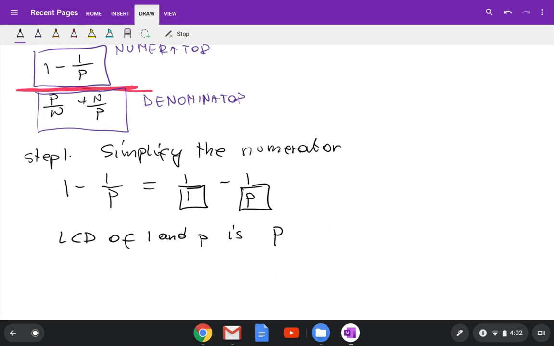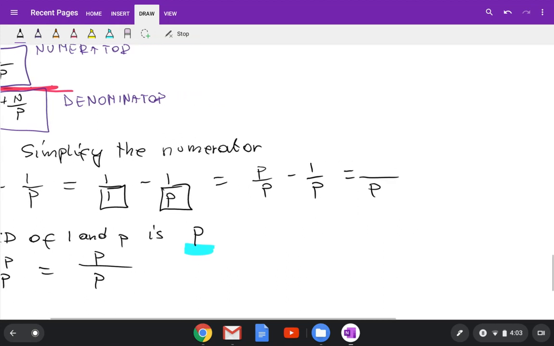Okay, so that will be our common denominator. So the second fraction already has that p in the bottom. So 1 over 1, you want to build an equivalent fraction which has p in the denominator. So we multiply top and bottom by p. So 1 times p will give you p. So 1 over 1 minus 1 over p is the same as p over p minus 1 over p. And now we have a common denominator, copy that p down, and subtract numerators. So we end up with p minus 1.